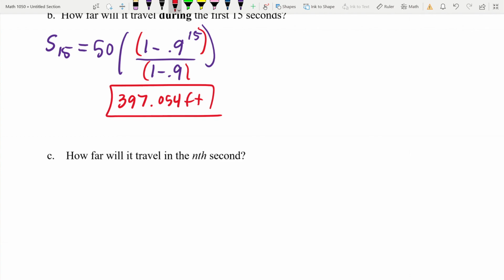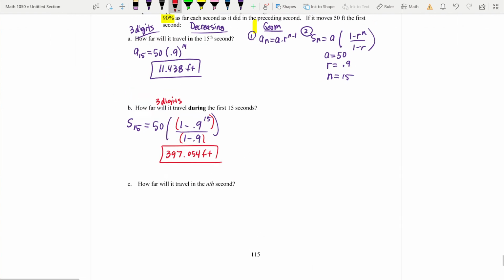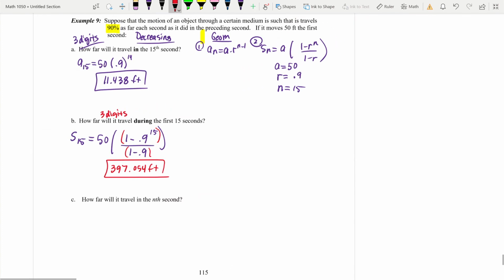How far will it travel in the nth second? Okay, guys, if you choose the wrong formula, you're not going to get it right. So in the nth second, equation 1 or equation 2?